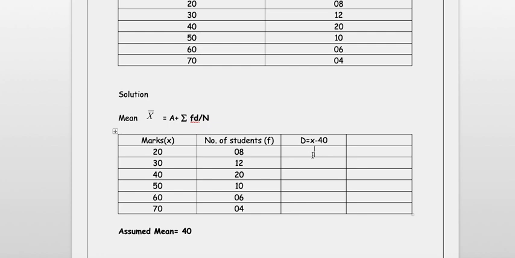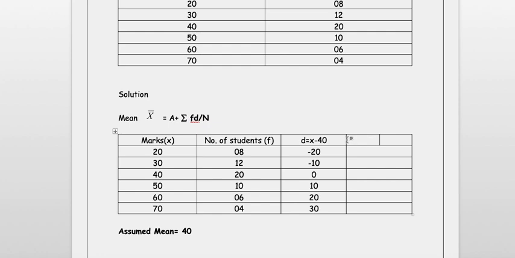So we just have to calculate 20 minus 40, we get minus 20. Then 30 minus 40, we get minus 10, followed by 0. Then we have plus 10, plus 20, and also plus 30, right?